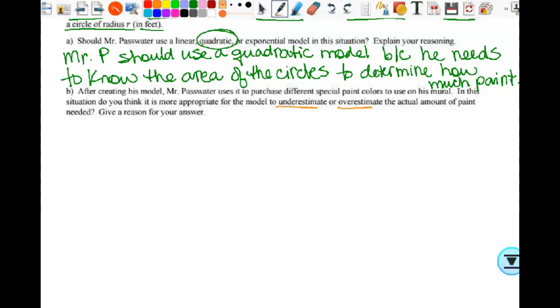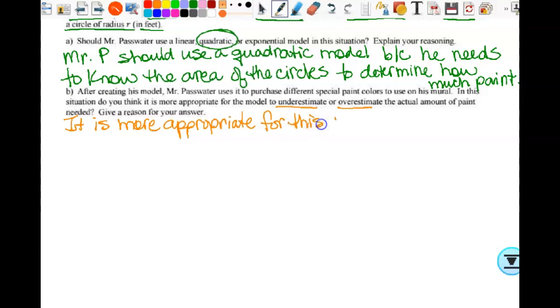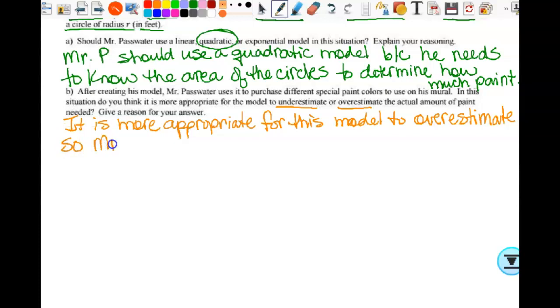So okay, it is more appropriate for this model to overestimate so Mr. P doesn't run out of paint.